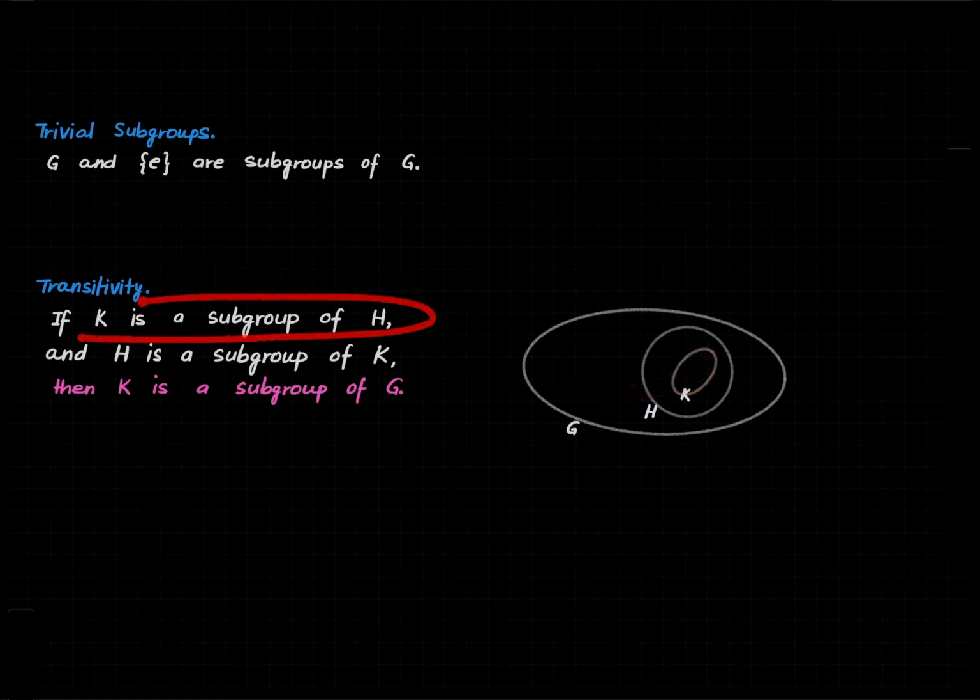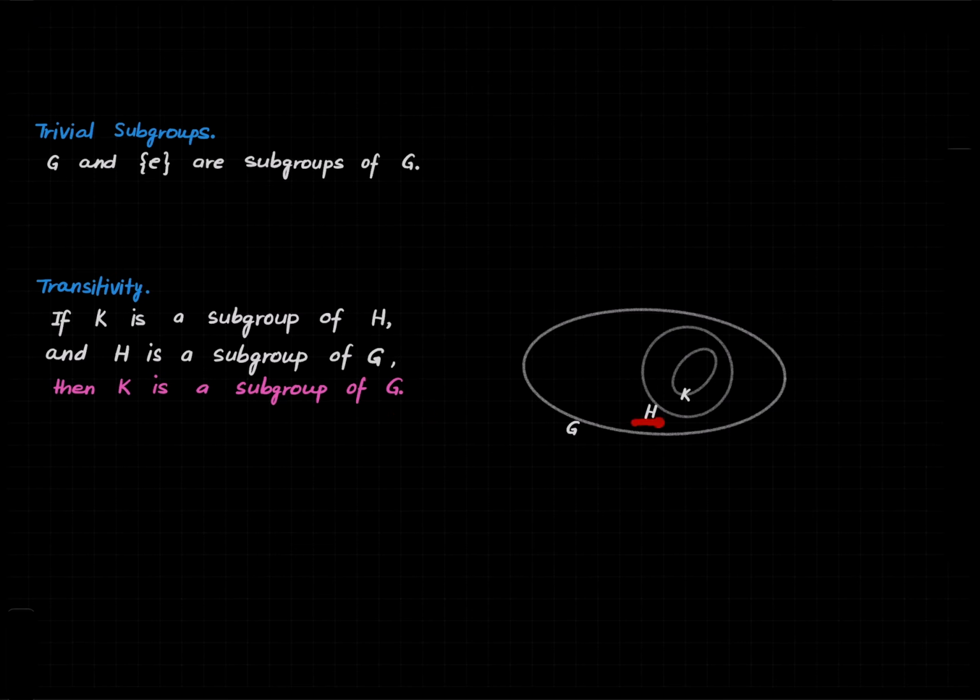If H is a subgroup of G, and K is a subgroup of H, then K is a subgroup of G. So we are asserting that that is indeed true. Try to make sure that you understand the content of this theorem.